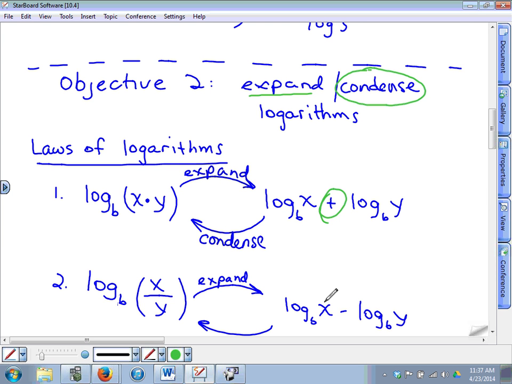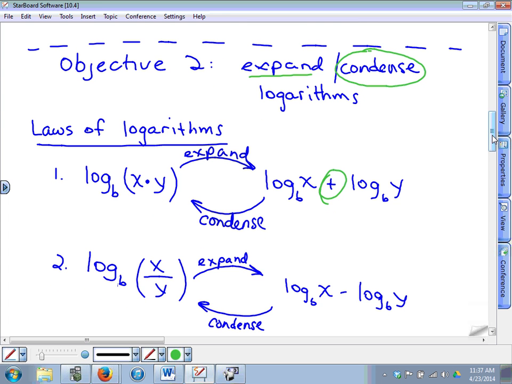Subtraction is related to a fraction. Multiply is related to addition. So you can expand and condense. We got that one written down?